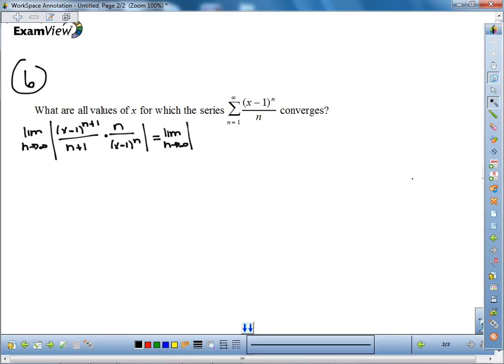So I'm going to have x minus 1 times n over n plus 1. Once again, the limit does not depend on x, so that means that I can take the x out.